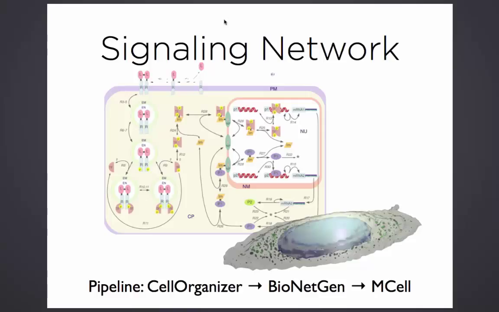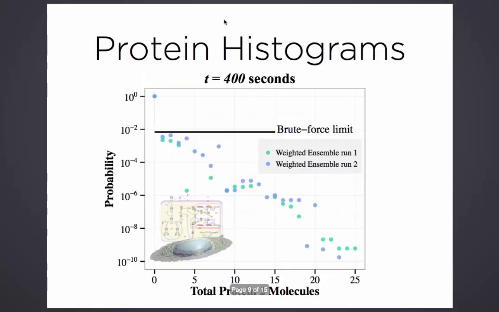where you come up with a geometry from maybe imaging, and then a reaction network, and then sort of glue the two together in a spatial simulation to see how much spatial effects matter. And it lets you measure the same sort of rare observables that we've been talking about. Looking at the probability distribution that you have a certain number of protein molecules in existence.